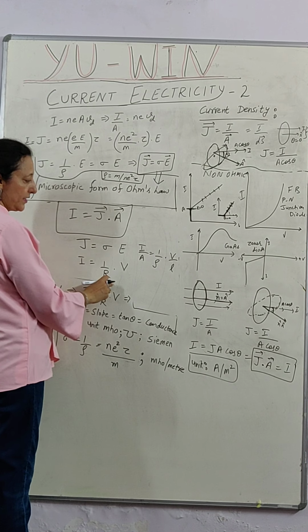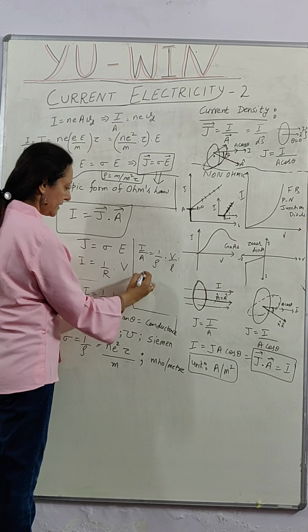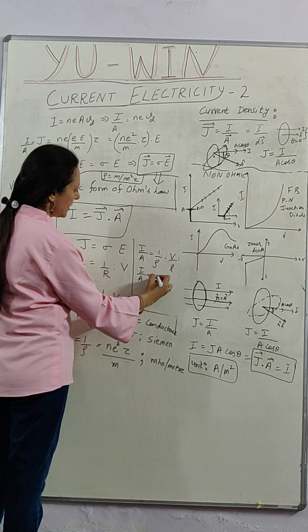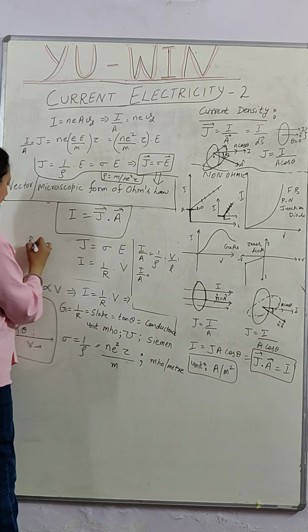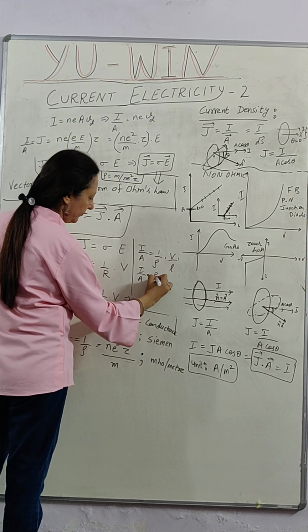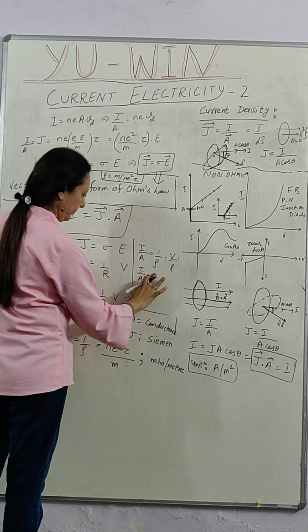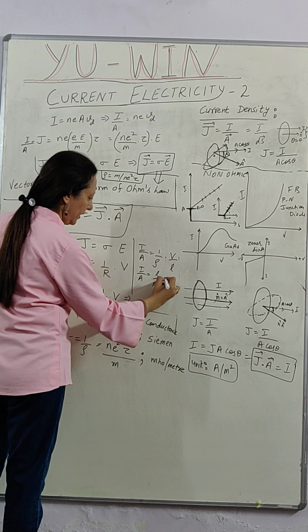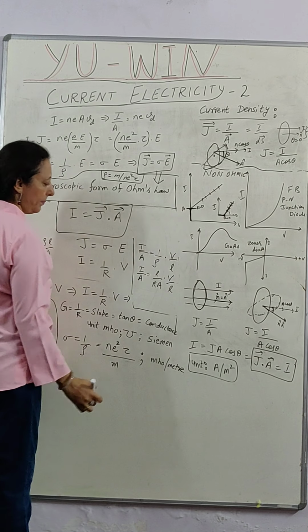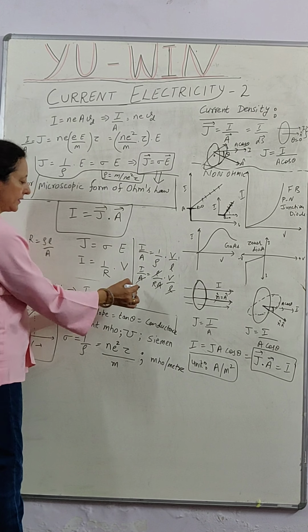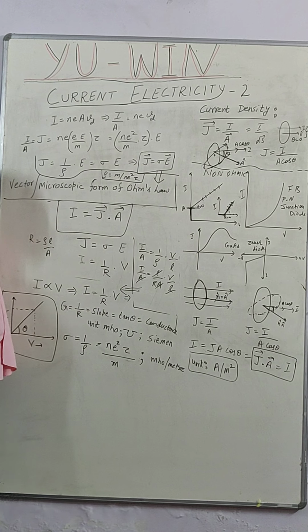If you write rho in terms of A and L, R is equal to rho L by A. So rho is R A by L. If you compare it, you will see this L and L get cancelled, this A and A get cancelled. The same thing that you have, the Ohm's law.